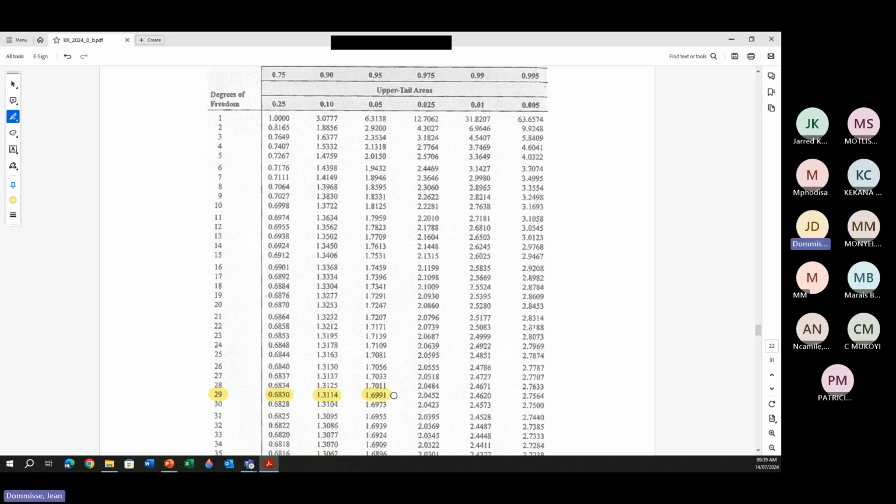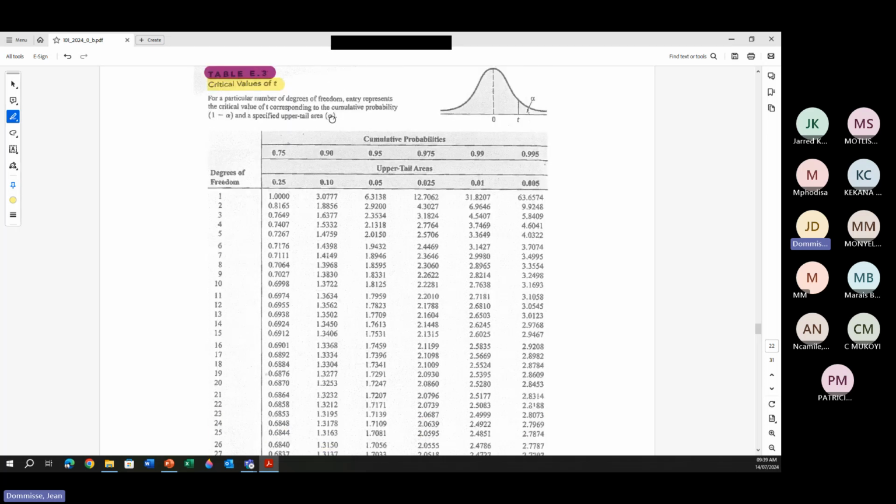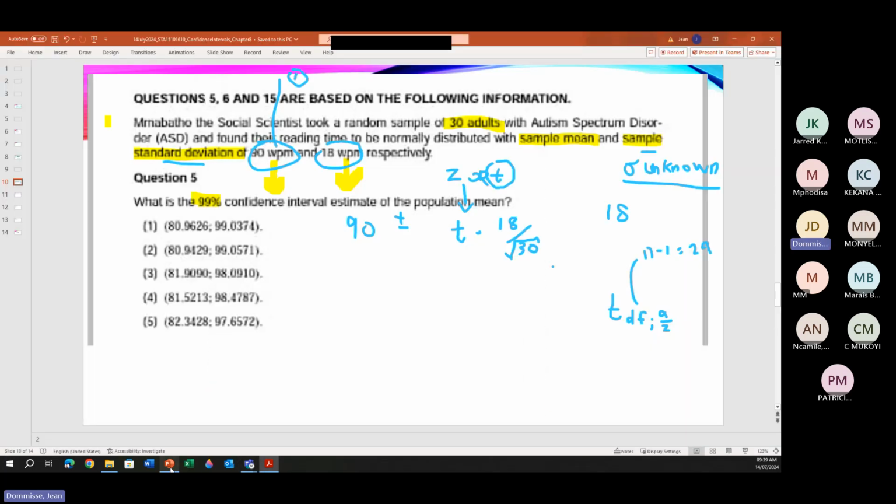Okay, so we can use any of those ones if we don't know yet how to get to that alpha that we're going to work with. So let's again look at what they give us. They tell us we're working with 99%.